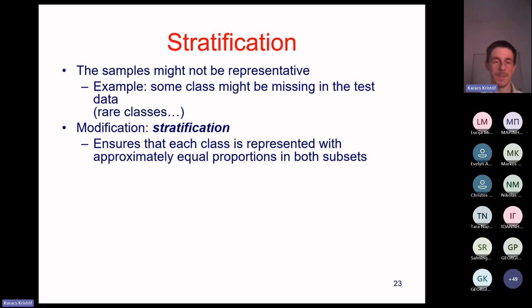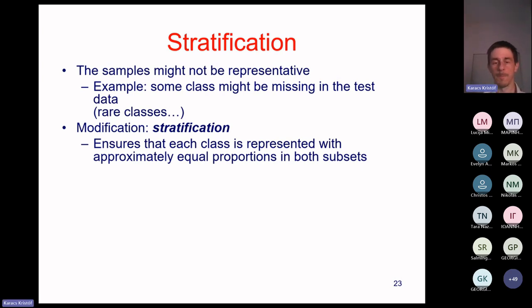Another thing to consider is stratification. So if we have unbalanced data sets and the samples therefore are not always representative, then you can modify your data set in a way which is called stratification, to ensure that each class is represented with approximately equal proportions in both subsets, so both in the training set and the test set.